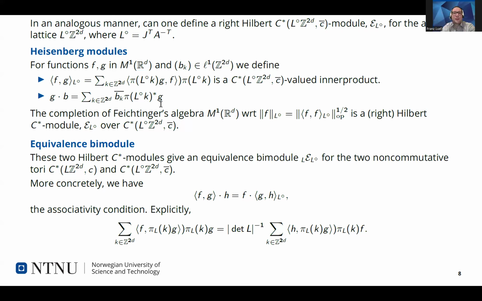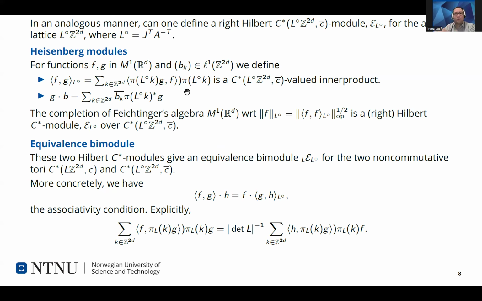It's all the operators pi of lambda that commute with the original time-frequency shifts from the lattice L that you started out with. So this is how you get your commuting actions, by picking an appropriate lattice, which we call L circle.